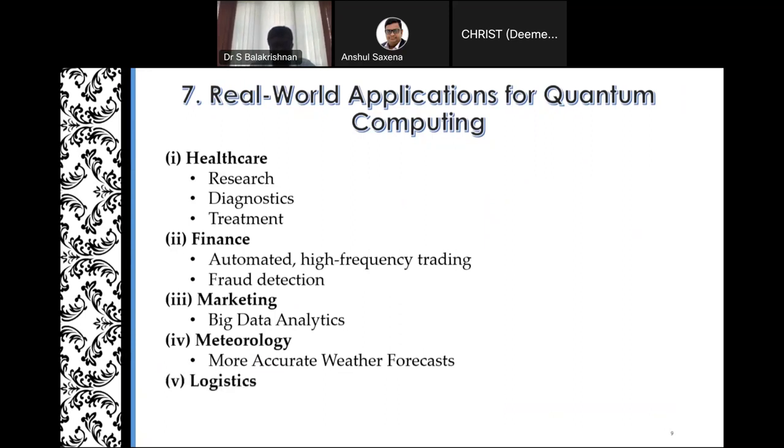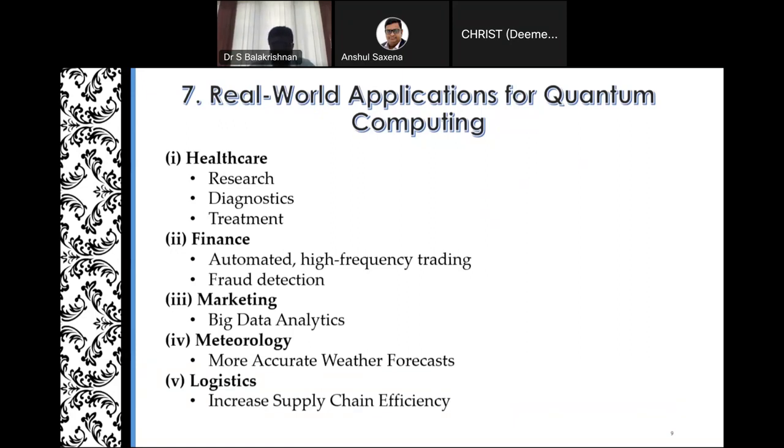And the fifth important real world application for quantum computing is logistics. Whenever we talk about logistics, the first very important thing is the increase in supply chain efficiency. Here we are improving data analysis and modeling, which will enable a wide range of industries to optimize workflows associated with transport, logistics and supply chain management.